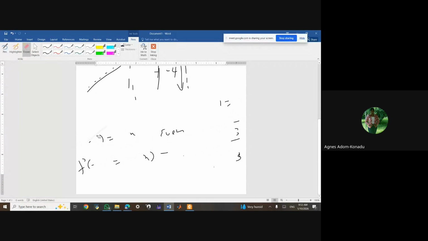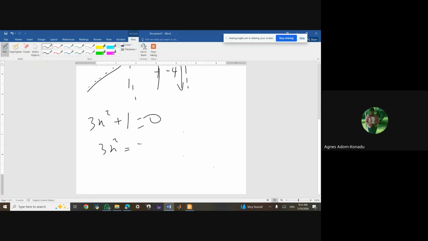Because we are solving 3x squared plus 1 equal to 0, so 3x squared is equal to minus 1. So x squared is equal to minus 1 over 3. So my x is the square root of minus 1 over 3.